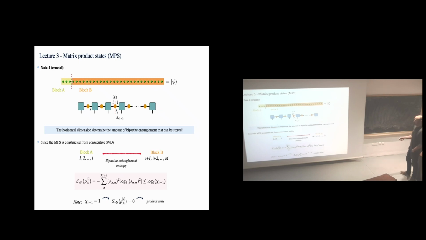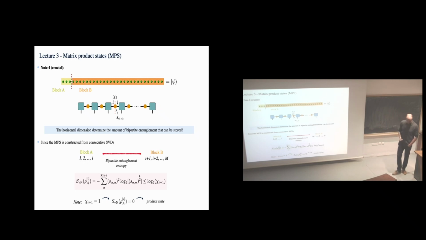And now, of course, because I constructed my MPS using these singular value decompositions starting from one end, for a bipartition here I have directly available the eigenvalues of the reduced density matrix for the block A. So in the end, if I have a value of chi i and I limit it to some value, then it tells you that the entanglement across this site i, between the whole block A and the whole block B, is limited by the logarithm of this bond dimension.